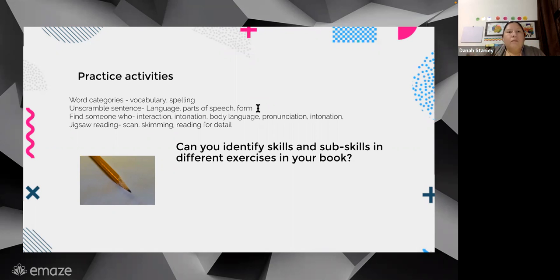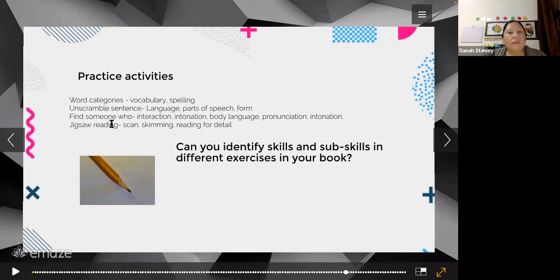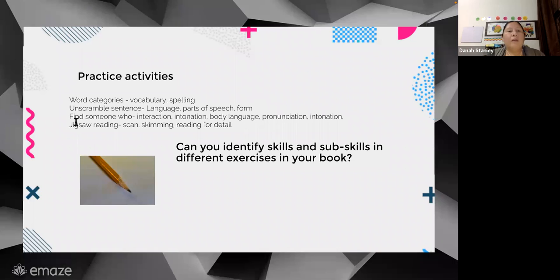So it goes beyond just unscrambling the sentence, and also reading. And if they are reading the sentences out loud, they are also practicing intonation in a sentence, pronunciation, etc.